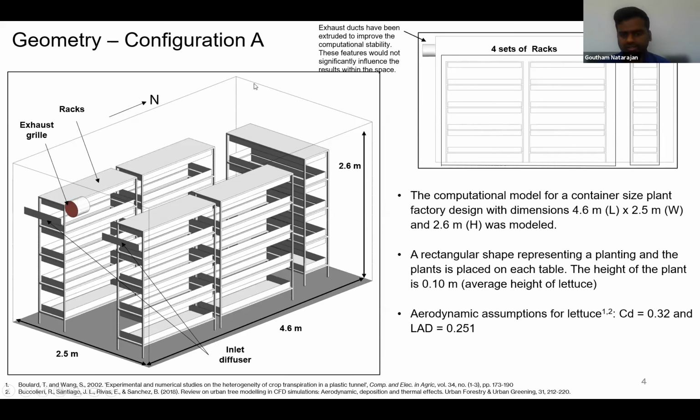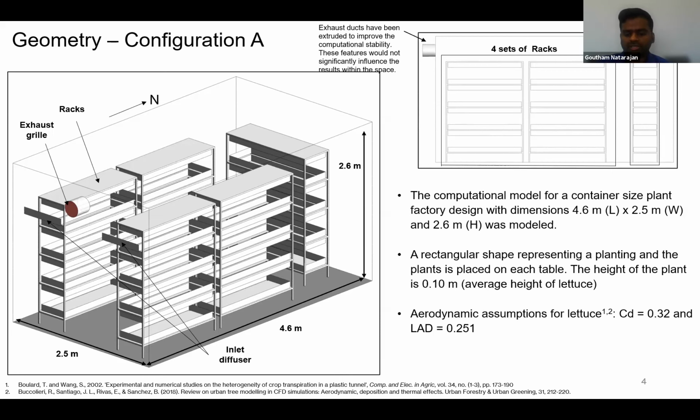The average height of a plant, around 0.10 meter, which was found from the literature review, has been modeled as a rectangular prism in this case. A separate user-defined function has been created to define the plant as a porous body so that the turbulence effects on the leaf surface are defined by certain aerodynamic assumptions, such as the coefficient of drag to be around 0.32 and the leaf area density to be around 0.251.